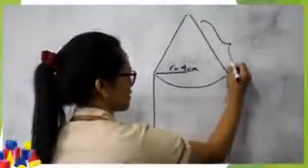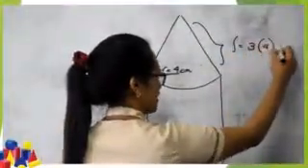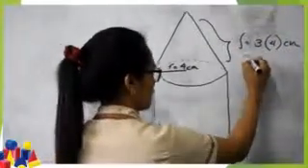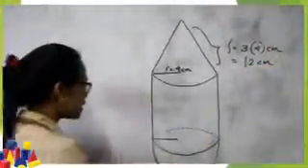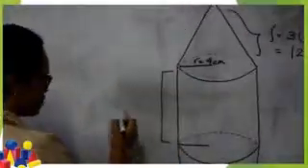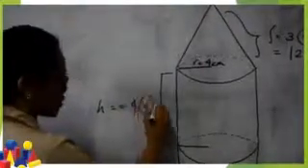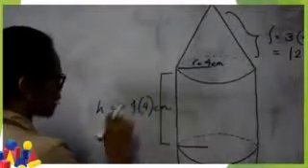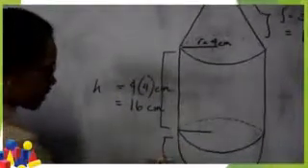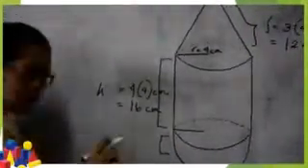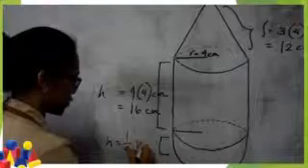The slant height is said to be 3 times the radius, which will be equal to 12 centimeters. The height of the cylinder is 4 times the radius, which will be equal to 16 centimeters. And the height of the hemisphere is equal to 1/4 the height of the cylinder.